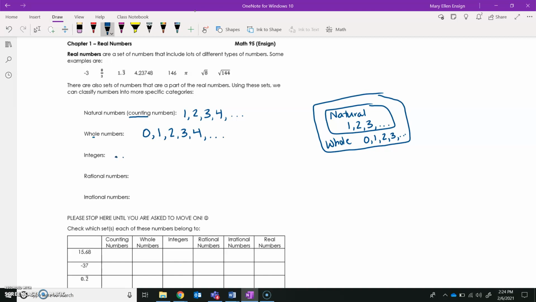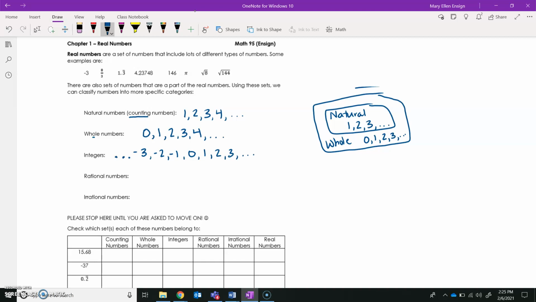Integers go a step further. It goes from negative infinity, includes negative numbers and 0, and whole numbers. So it includes natural numbers in there. It also includes 0, so this whole set is the whole numbers, and it includes negatives also. So these are all the integers.